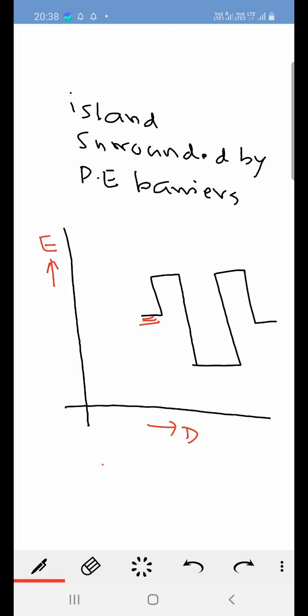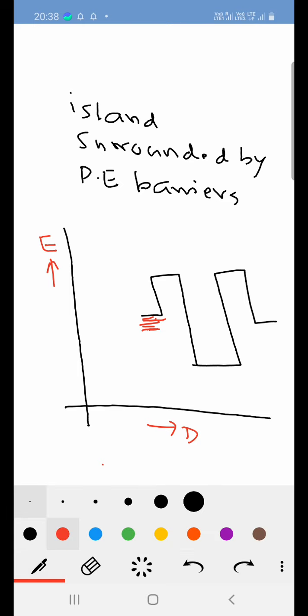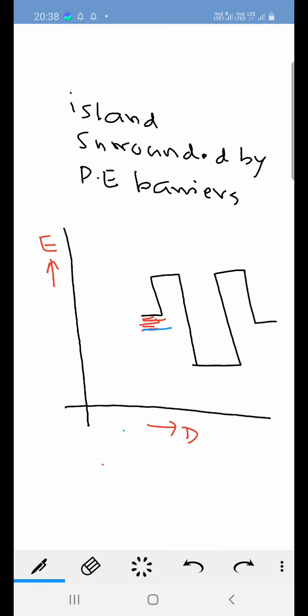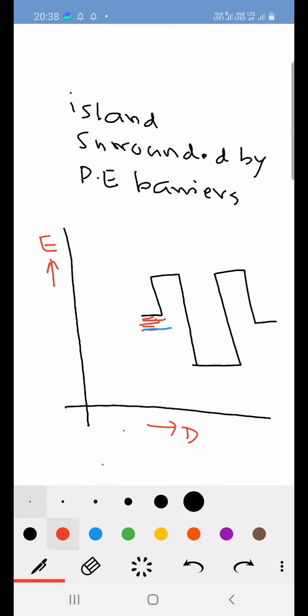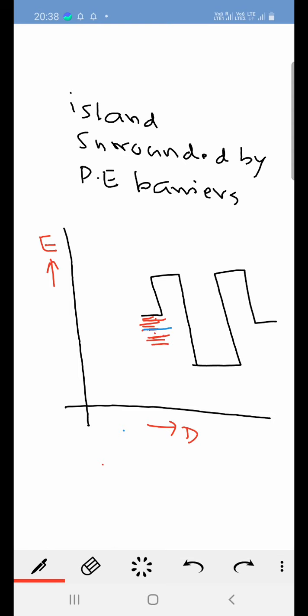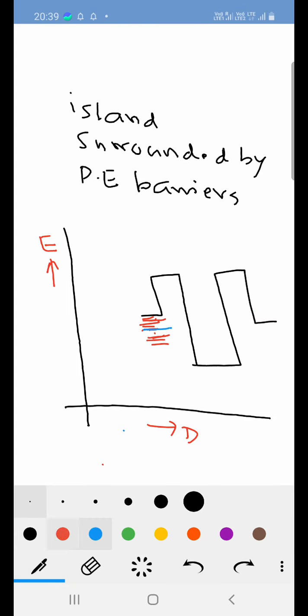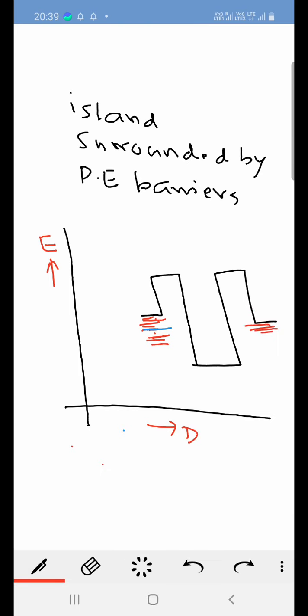These are the unoccupied levels, and we do have a Fermi level here. Same is the case with this: some unoccupied levels, a Fermi level, and again unoccupied levels. So this corresponds to the conduction band.